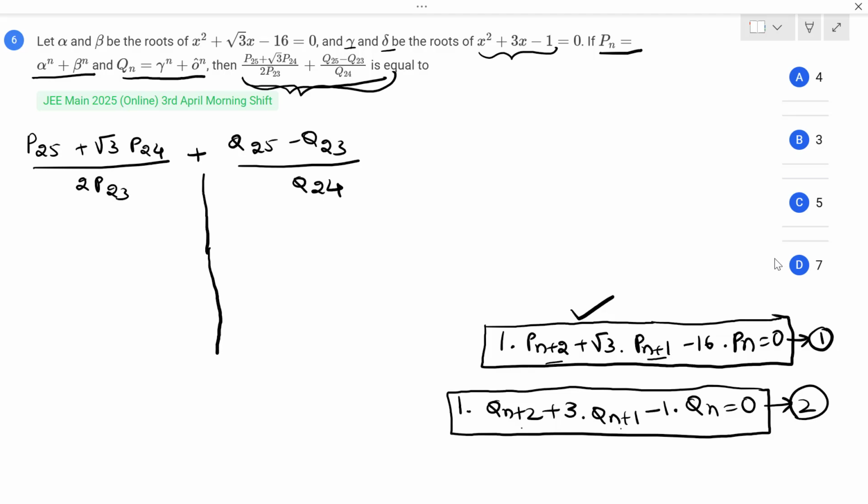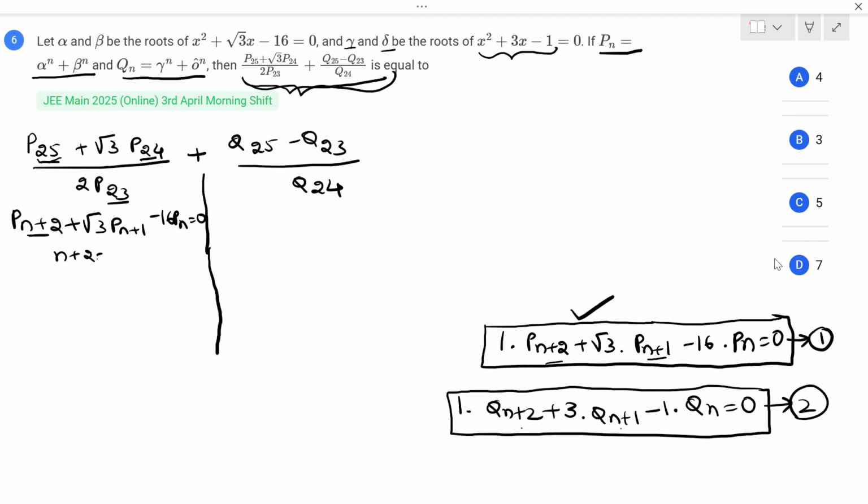Write equation 1, which is on the right bottom. That is P(n+2) plus root 3 times P(n+1) minus 16 times P(n) is equal to 0. The terms are 25, 24, 23. I can clearly see that 25 is the highest, so the highest is n plus 2.